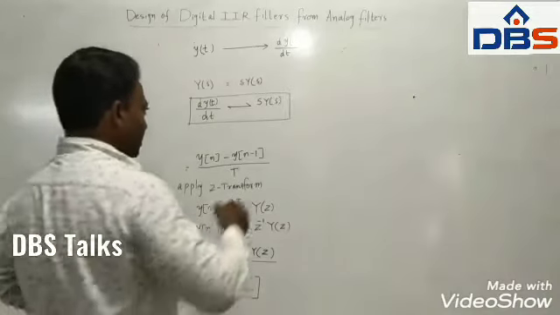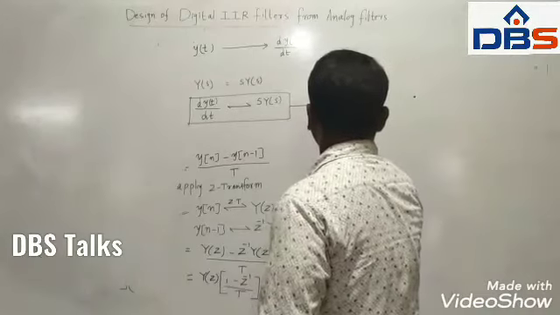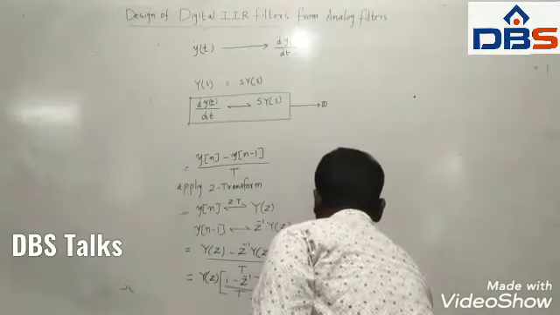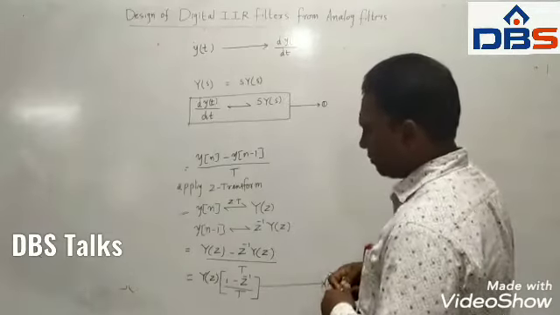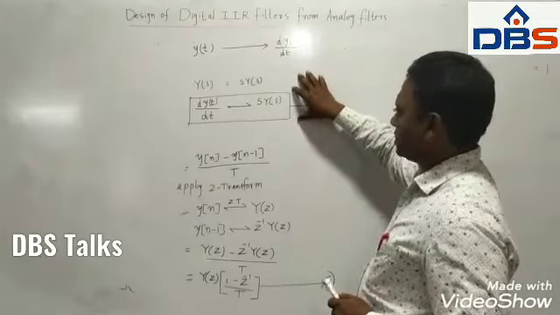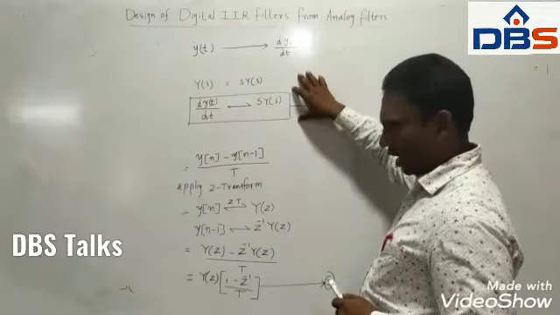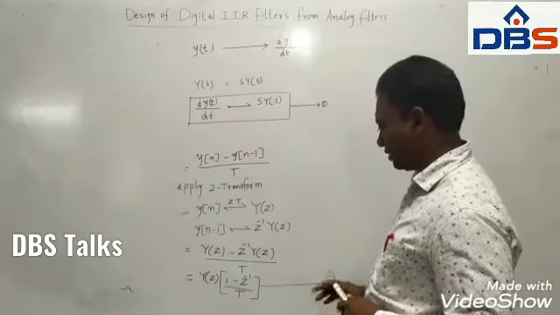Now we have to compare these two. Assume this is equation 1 and this is equation 2. Why do we compare? Because one is the analog filter transfer function in the frequency domain, and the other is the digital filter transfer function.